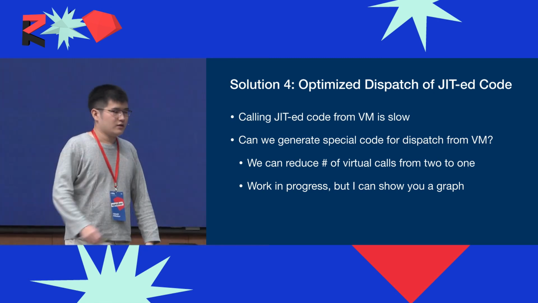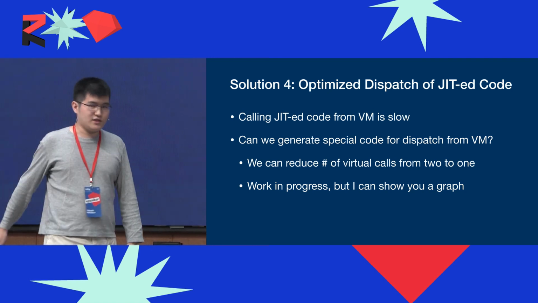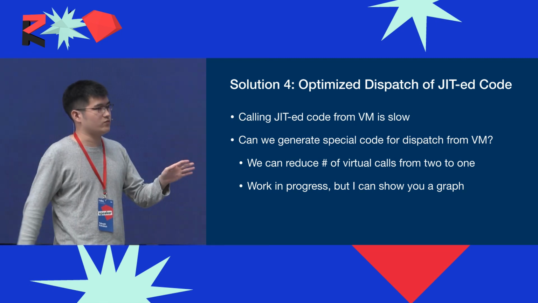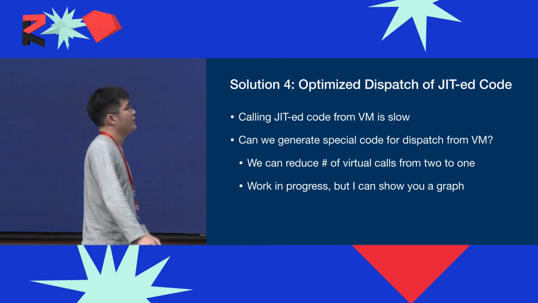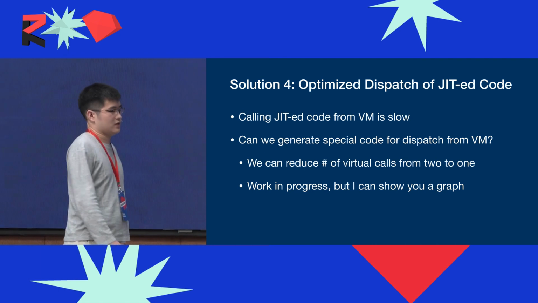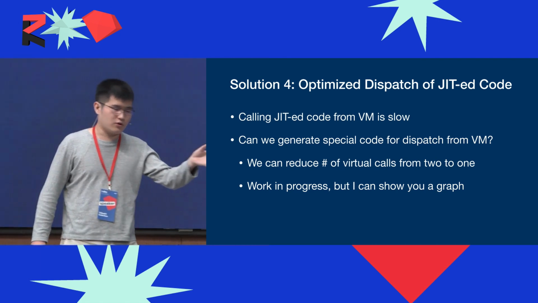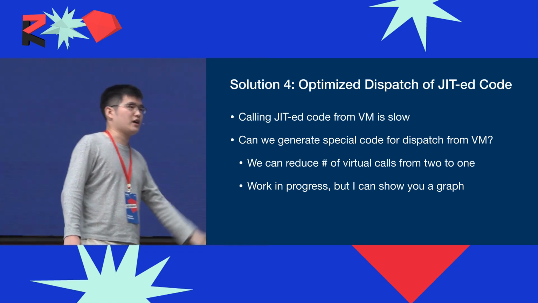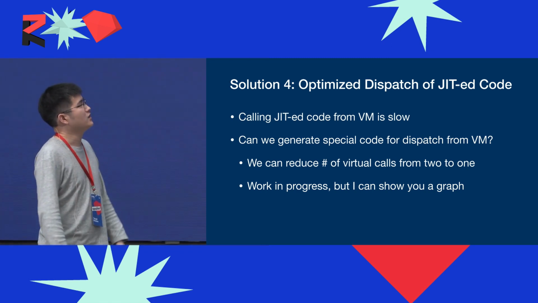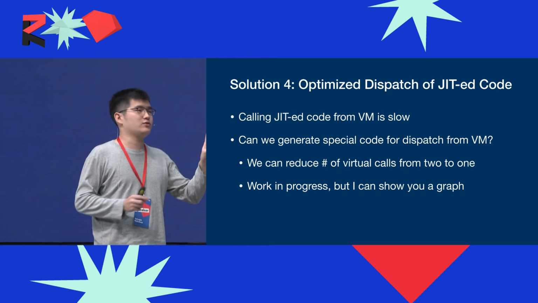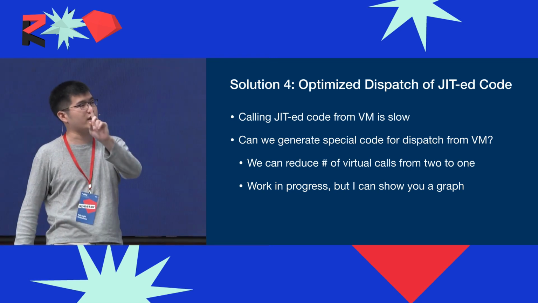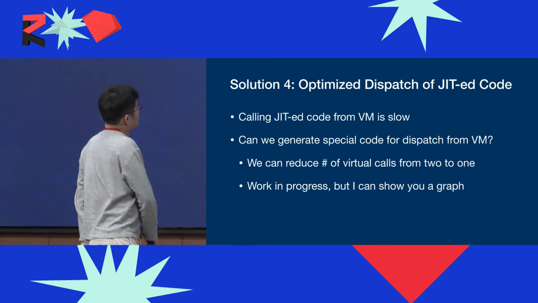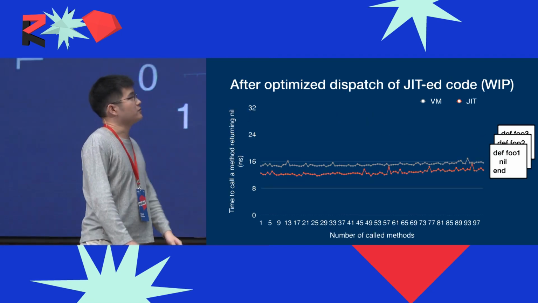But the implementation is the same as the original version of MJIT, so I found some room to improve the performance there. At least when the JIT code is dispatched, there are two indirect dispatches in the implementation. I found we could reduce the two indirect dispatches to just one indirect dispatch just for invoking the native code. So I'm trying this approach right now.